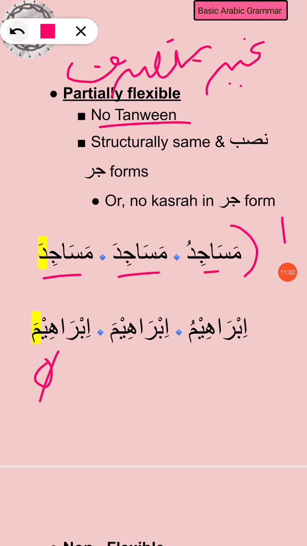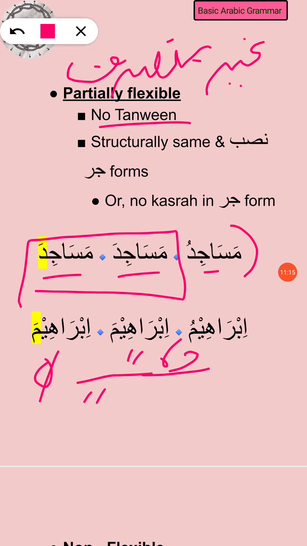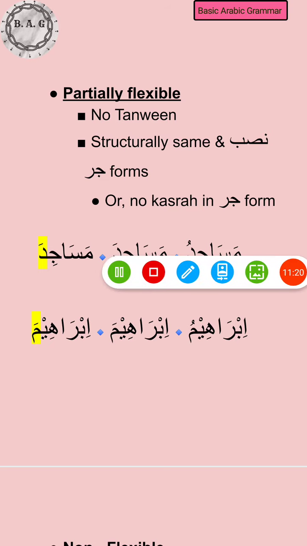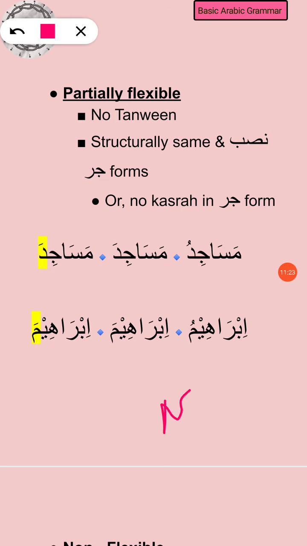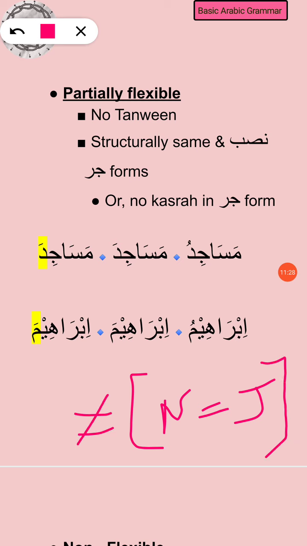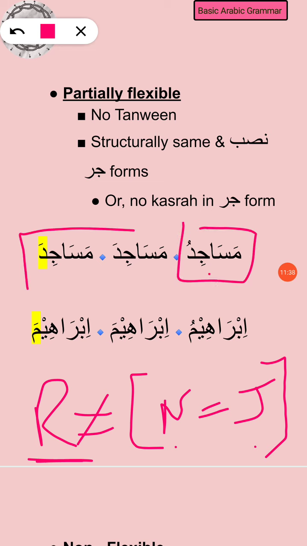Now let's get done with the second point. So no tanween, number one. What's the second point? As we can see from here, nasab is equal to jar, but both of these are not equal to rafa. So nasab and jar forms are the same, but rafa form is different. Masajidu, that's one block, masajida, that's the second block.